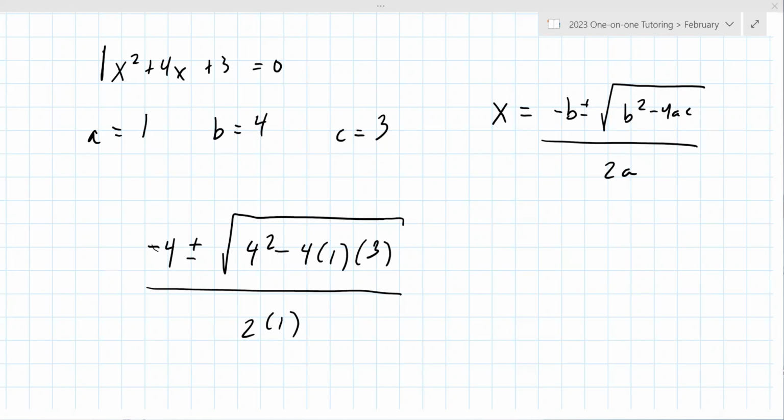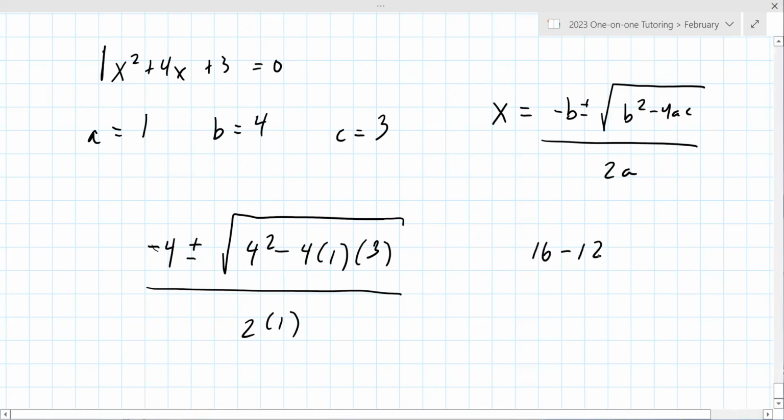And that's a -4, right? Think of it as multiplying the numbers and then subtracting. Try not to deal with the sign right away. So 4 and then times 3. 16, yeah.